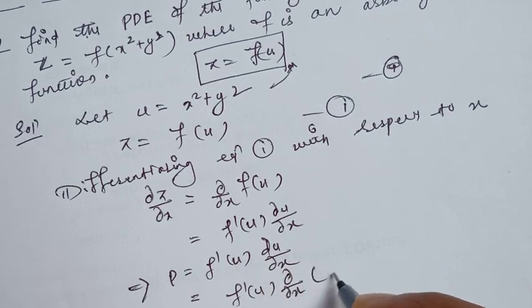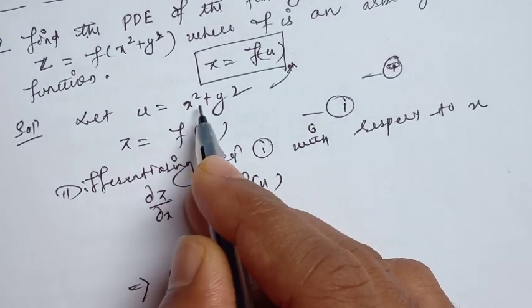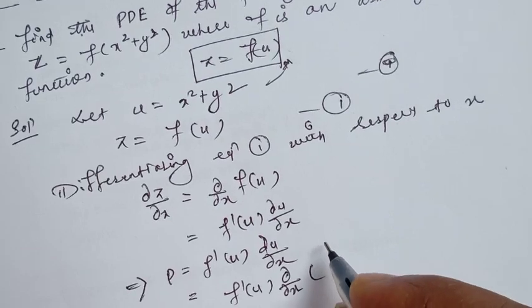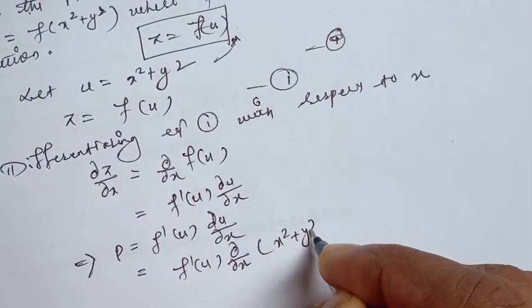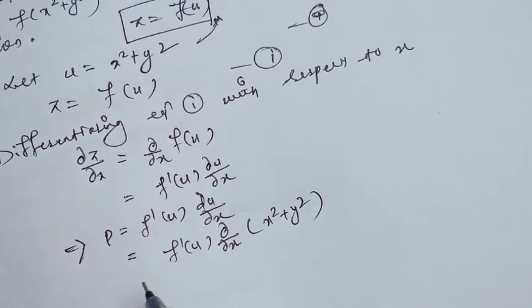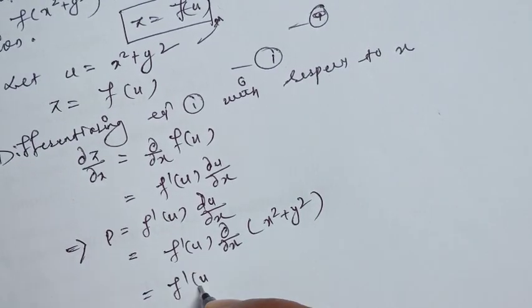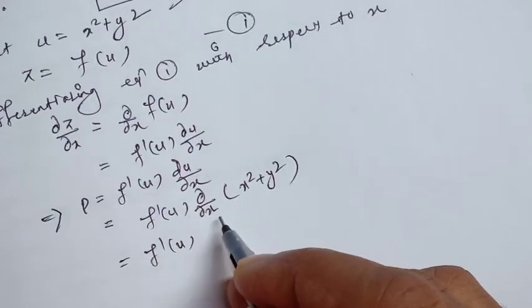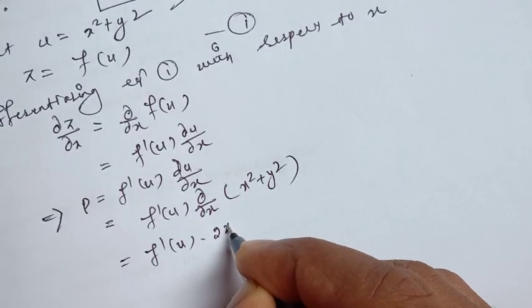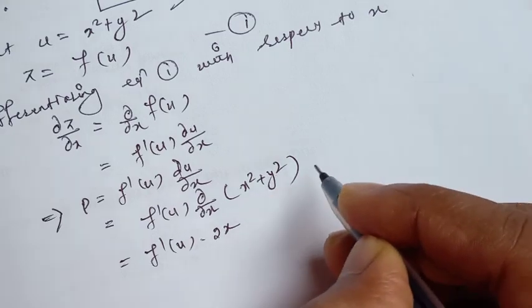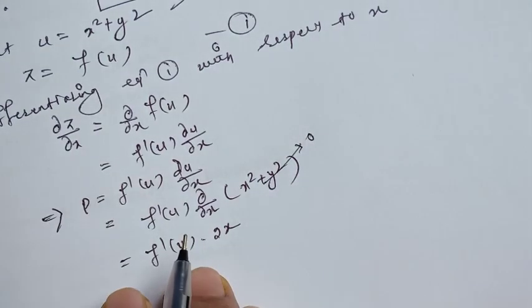We can write the value of u, that is x square plus y square. This will be f dash u, and del by del x of x square plus y square will be 2x, because the function of y will be 0.